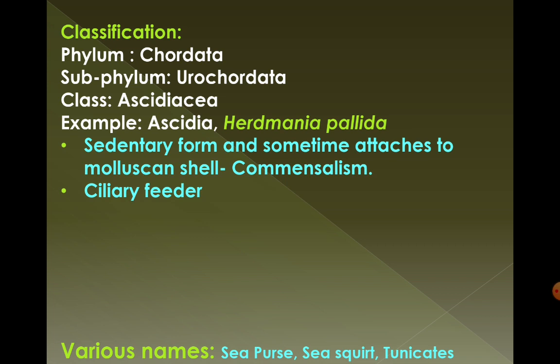It is a ciliary feeder, or it can also be called a filter feeder, wherein the food comes through the incurrent water, or the water that enters into the sac-like body through an aperture known as the branchial aperture, and through this water it carries minute food particles like the diatoms, some protozoans and some larvae, which act as food for this Herdmania, and they are hermaphrodites.